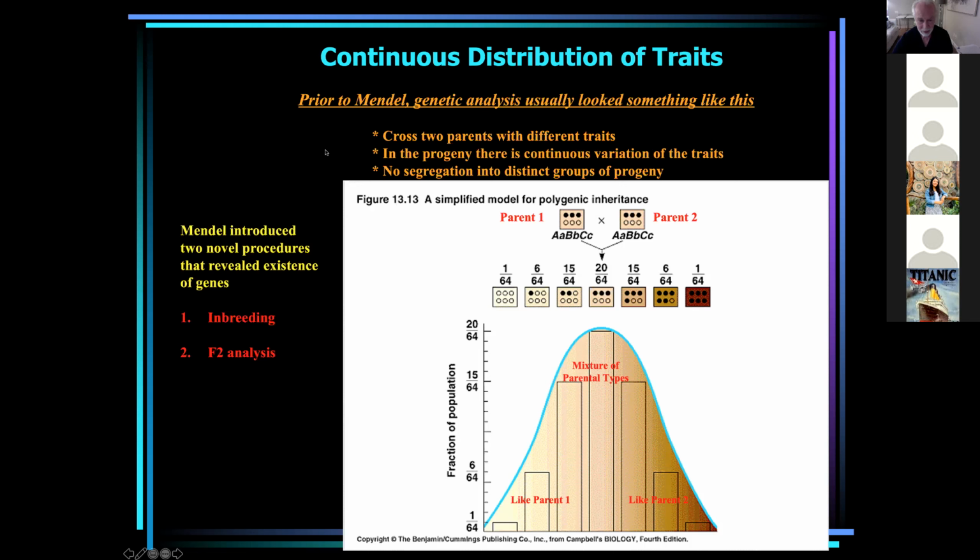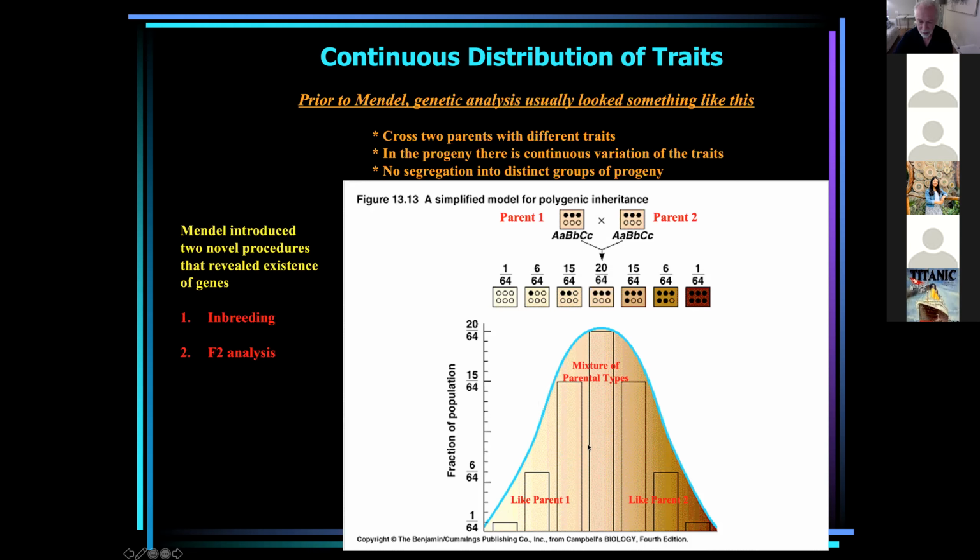And what they would always see is continuous variation, no segregation into distinct groups that could be related back to the parents. So I've shown you here a picture of a bell-shaped curve where parent 1 was crossed with parent 2. In the progeny, on one side of the curve the progeny are like parent 1, and at the extreme other end, they're like parent 2.